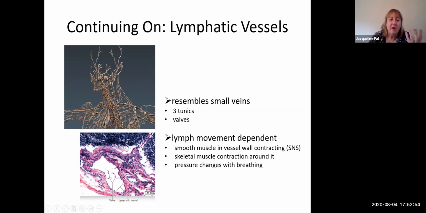Movement of the lymph here is very much like movement of blood on the venous side. If we have the sympathetic nervous system stimulating contraction of the smooth muscle, that'll make the diameter smaller and push it up. If the skeletal muscle surrounding it contracts, the same thing, or the pressure changes with breathing.